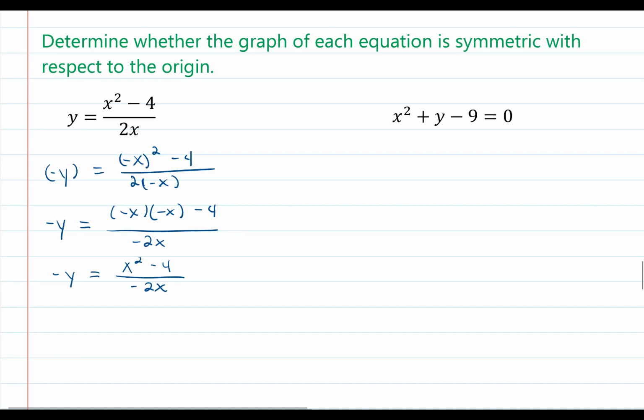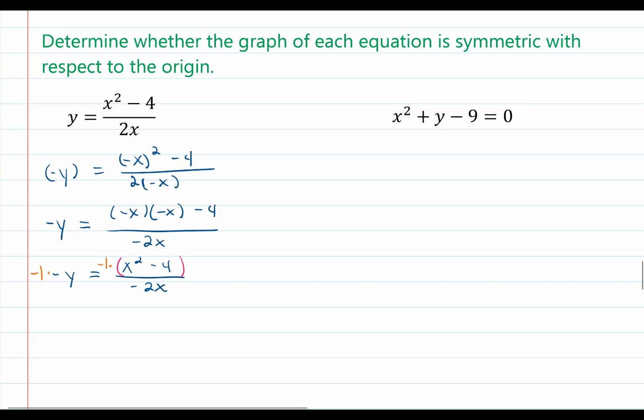Well, now I'd like to multiply by a negative 1. To understand how and why that works, I'm going to put the numerator in parentheses. And as I just mentioned, I'm going to multiply both sides by negative 1 to see if I can go back to the original equation. I'm allowed to do this because I'm doing the same product on both sides of the equal sign.